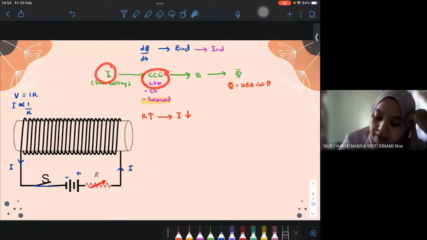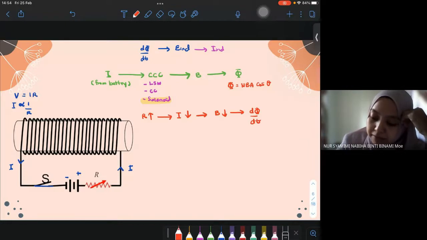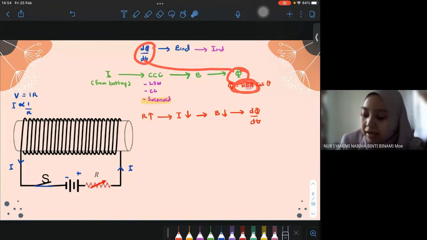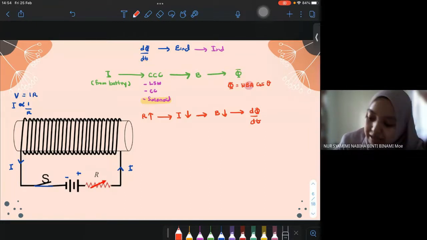Okay. So bila I berubah, dalam CCC, B juga akan berubah. So B akan decrease. So bila B decrease, akan ada perubahan flux. Kenapa ada perubahan flux? Sebab dalam equation flux, dia ada B. So bila B yang ni berubah, flux ini akan berubah. So bila flux ini berubah, akan menghasilkan E induced, baru menghasilkan I induced.